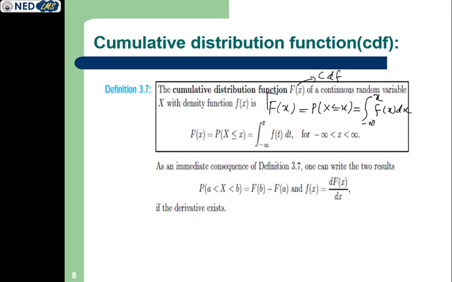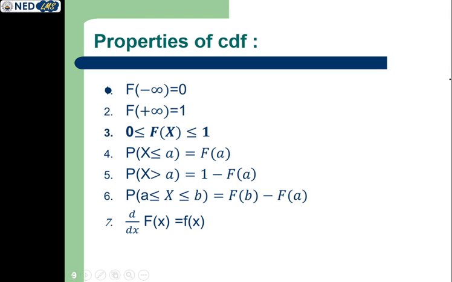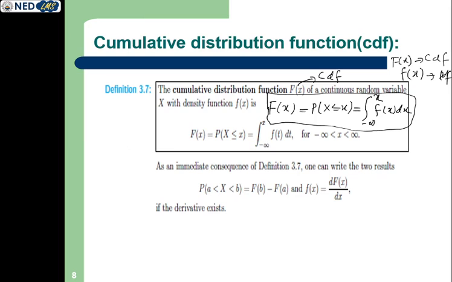So this is what we call the cumulative distribution function. So capital F of x, students, see this notation, stands for CDF, and small f of x stands for PDF. Just remember all these things. So this is what we call CDF.